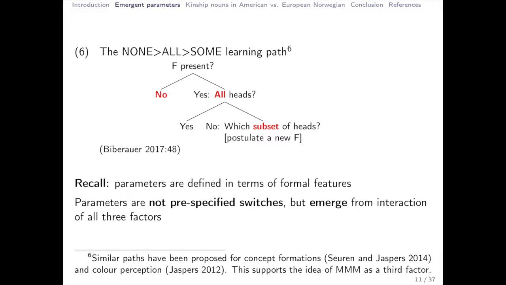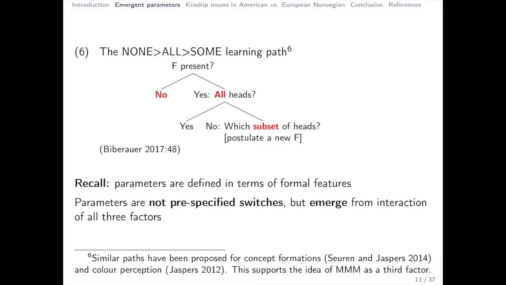You can think of this as a decision tree for a child that's acquiring language. Now, if a child finds no evidence of any formal feature at all, then actually we're up here, nothing happens. Or actually, this question doesn't even arise.